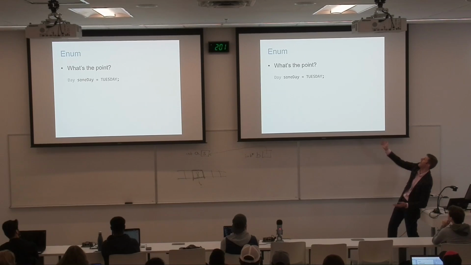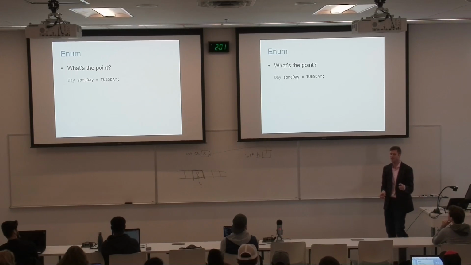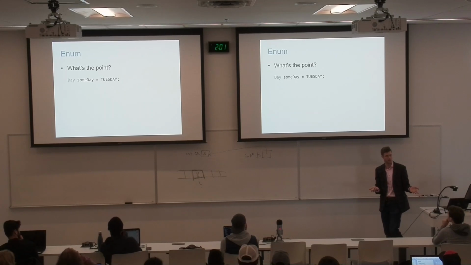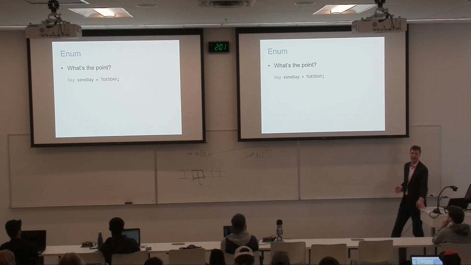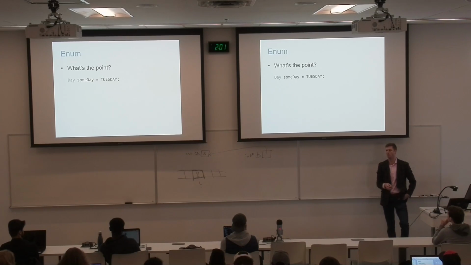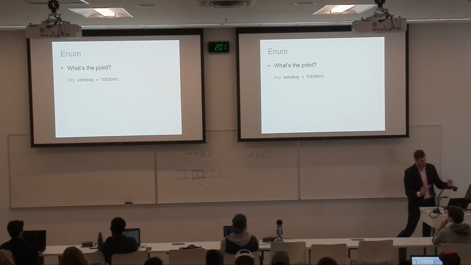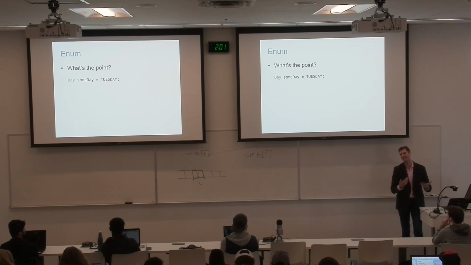So I set a day. No, it's not an int, it's a day. And I'm setting the day to Tuesday. Checks out. But what does Tuesday really mean? 1. But if I'm a programmer, I'm like, oh, it's a day, it's Tuesday. It's more meaningful to me. The code's more handy.